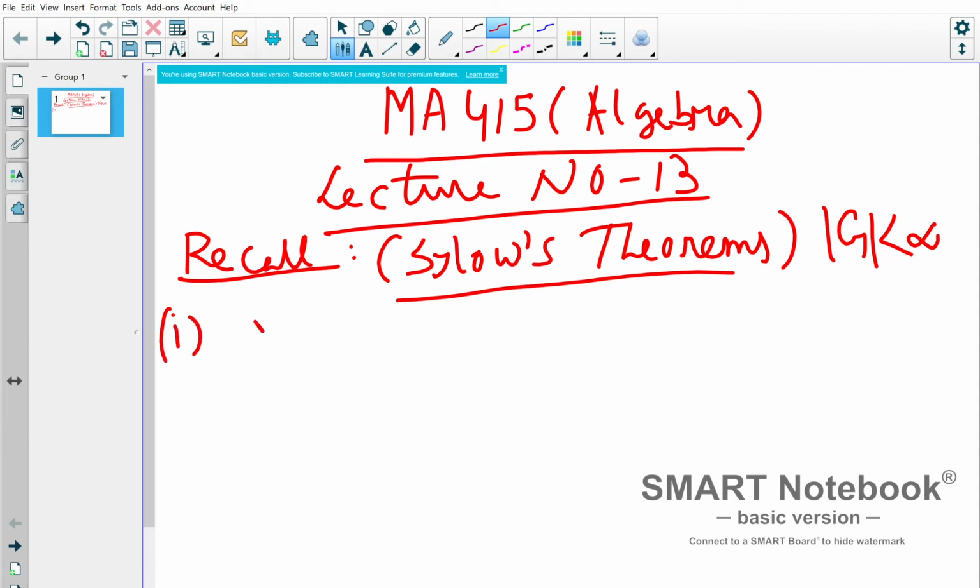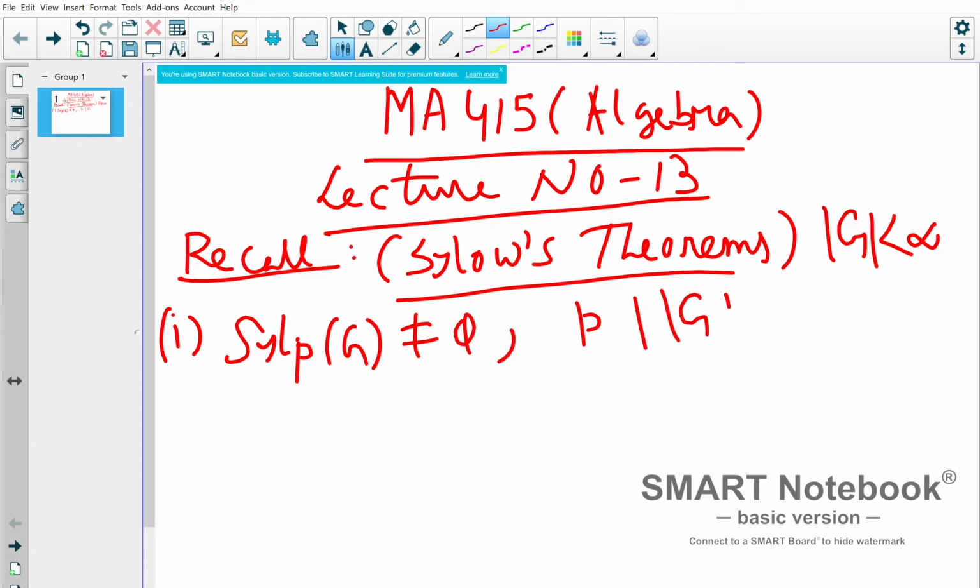The first theorem tells us that the Sylow subgroup of G is non-empty, where P is a prime which divides the order of the group G. Sylow subgroup non-empty means there exists a subgroup of the highest power of P which divides the order of G, and also the existence of all the other P subgroups is part of this first theorem.